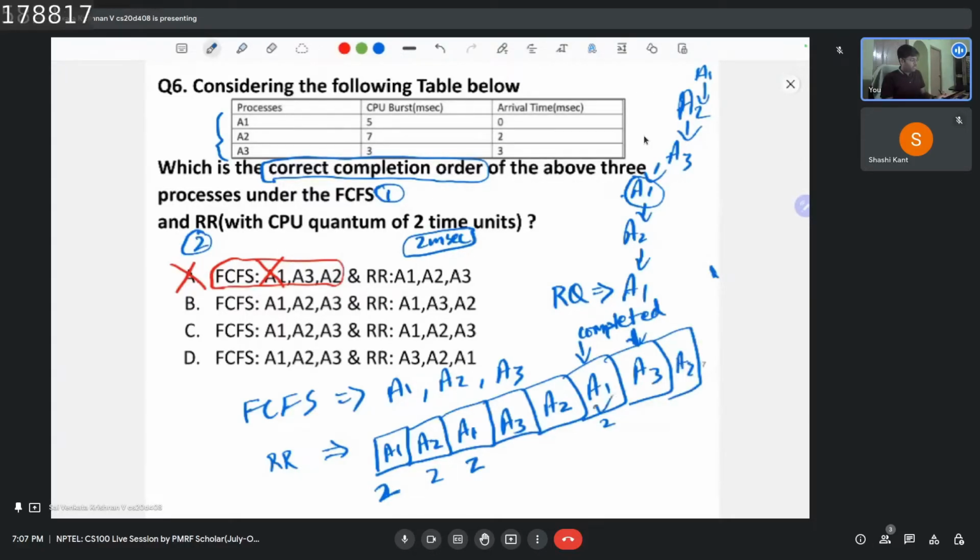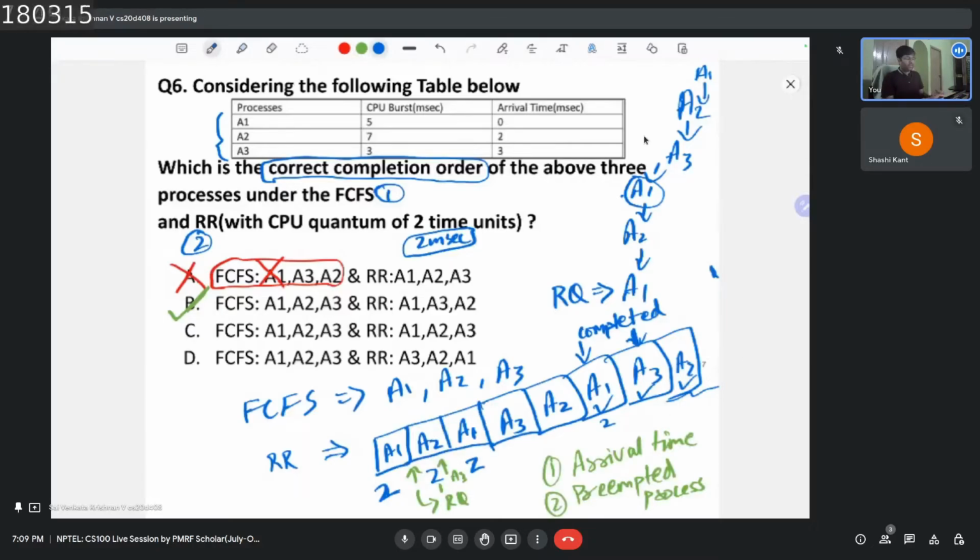So first A1 would be completed, then A3, and then A2 for the remaining time, because the time quantum is split into two units and the processes are scheduled accordingly. A1 would have completed its allotted CPU burst time first, compared to A3 and A2. So option B is the correct answer. This is how round robin scheduling works, and based on that, option B is the correct answer.